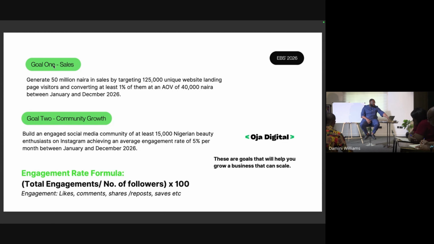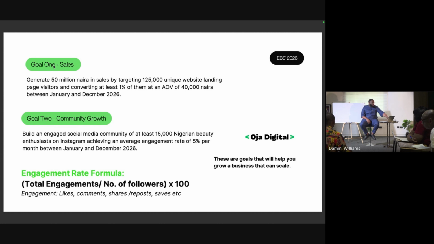To put there the platform, Instagram. A lot of people will say on social media. Even I said at the beginning, build a social media community. I've been specific. What platform? Then you have the engagement rate, 5%. You have obviously in January.